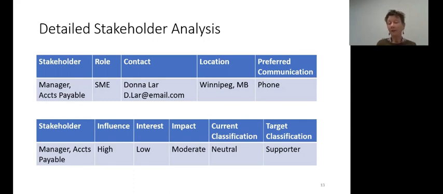If I have my manager of accounts payable on my contract management system, I want them to, at minimum, be a supporter. I don't want them to be neutral. I absolutely don't want them to be resistant. That's my marching orders, like a change charter, like a project charter, that directs me around how I'm actually going to engage with these folks.